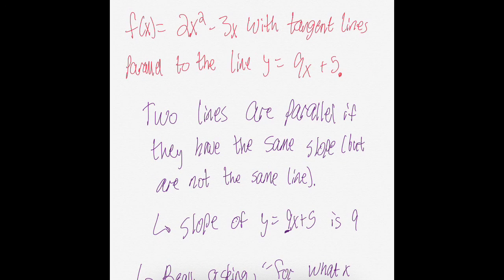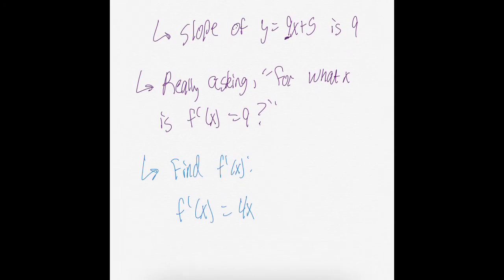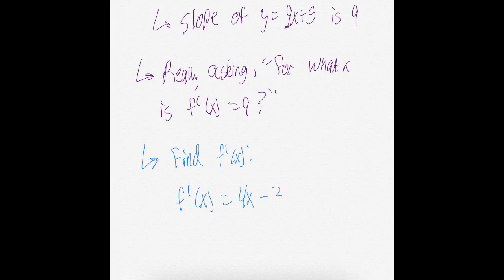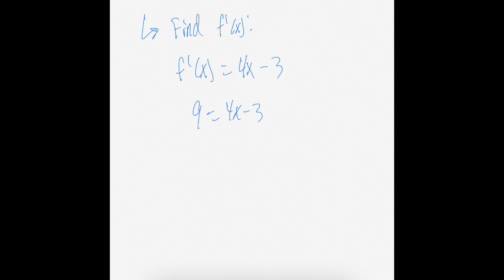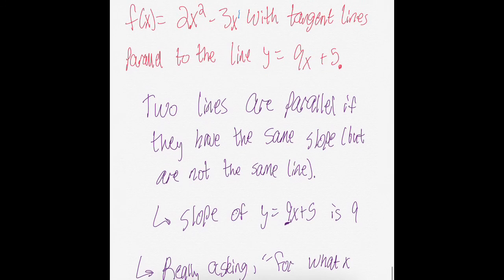And then if I look at 3x, that's just power rule, because there's an imaginary 1 here. If I bring that 1 down, multiply it by the 3, then I get 3x to the 0 power. x to the 0 power is just 1. So that's just 4x minus 3. Okay, so now we set 9 equals 4x minus 3, and we solve for x. So then 12 equals 4x, which means that x equals 3.